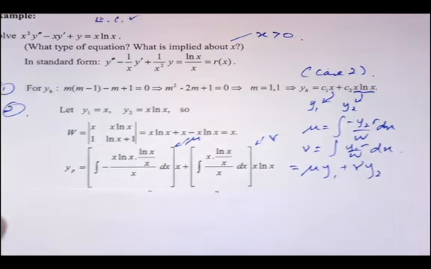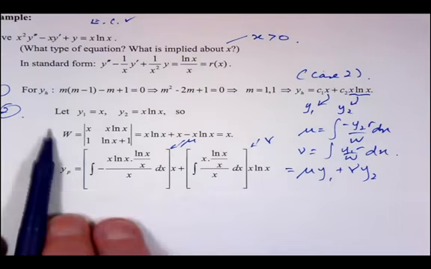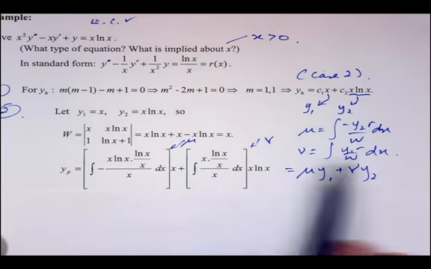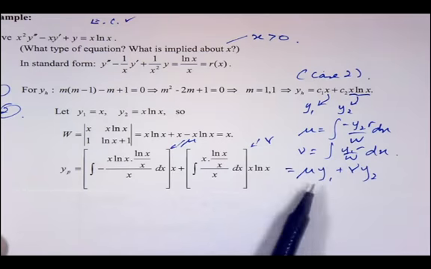I actually prefer to do each of these separately. So figure out mu in a series of lines by itself. Over here, figure out nu in a series of lines by itself, and then put them together like this at the end. But this is just a different format way of writing it out.